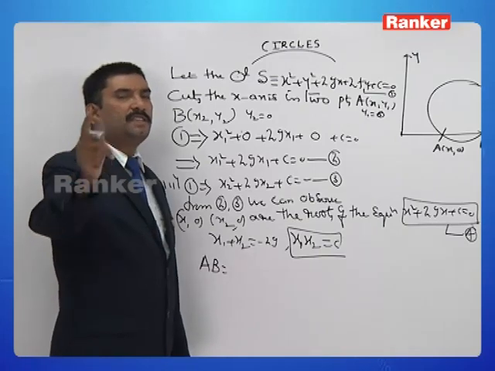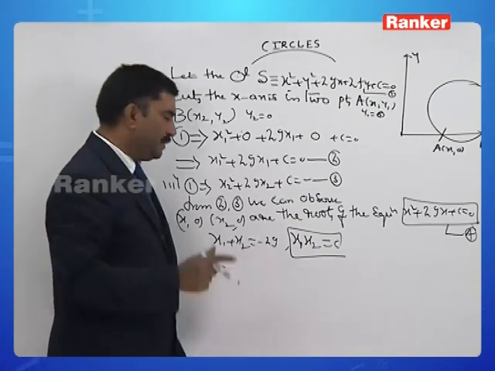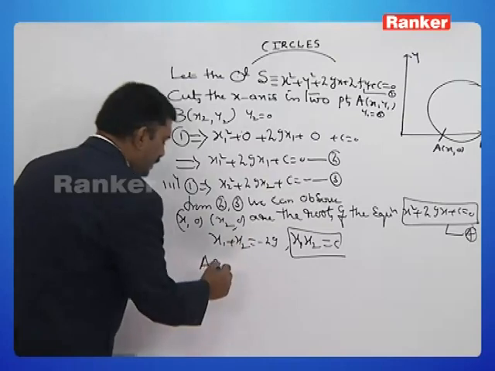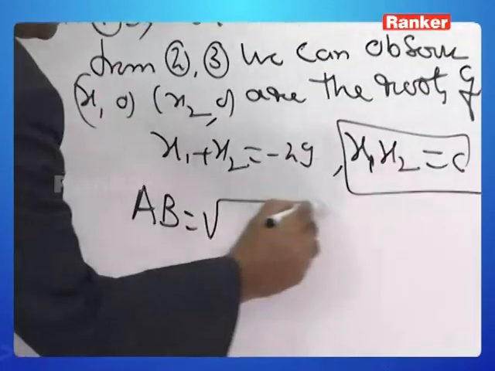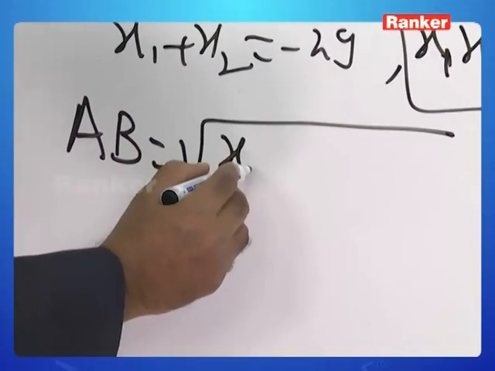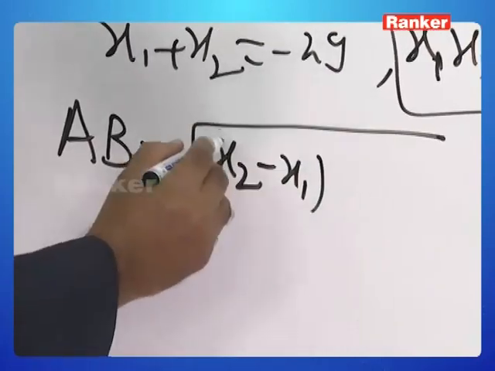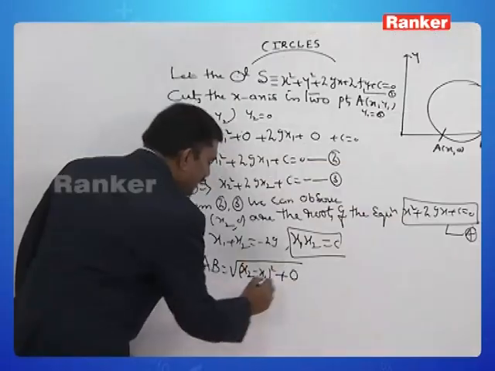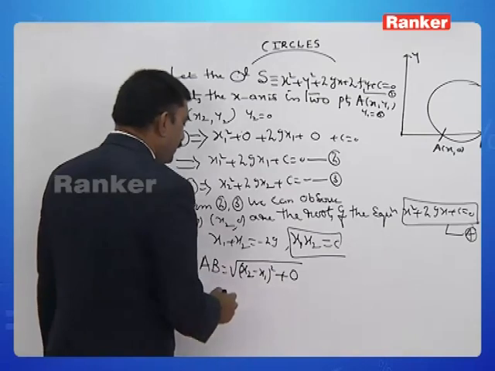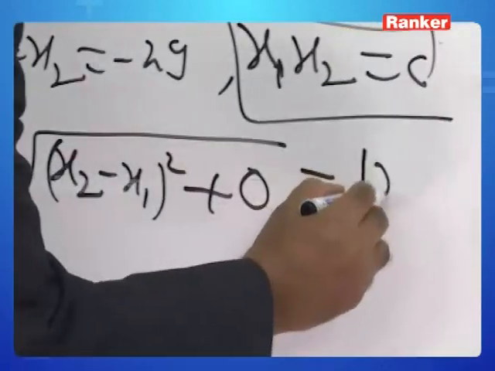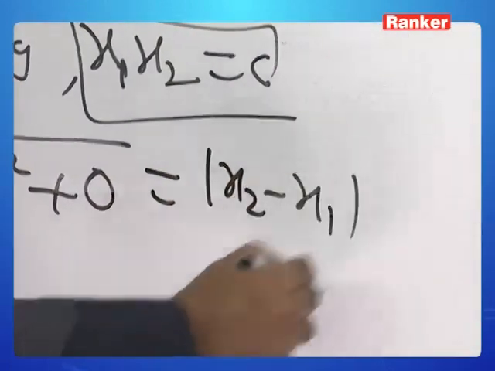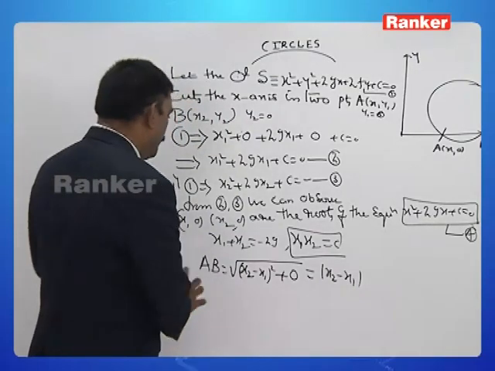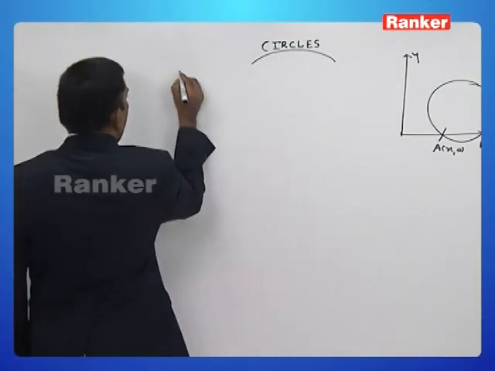Similarly, we have the intercept made by the circle on the y-axis. Now on the x-axis, AB is equal to, applying the distance formula, the square root of (x2 minus x1) whole square plus 0, which I can write as the modulus of x2 minus x1.